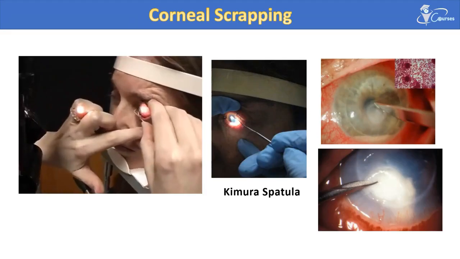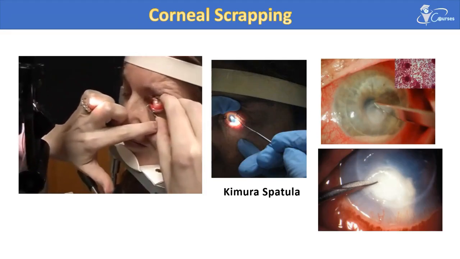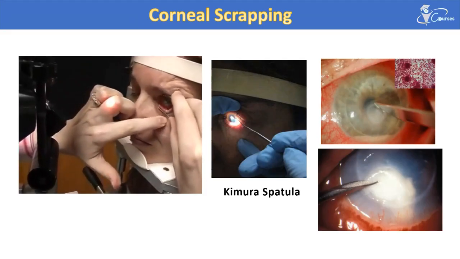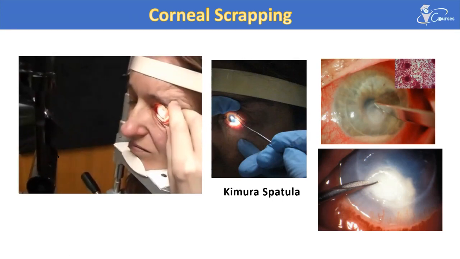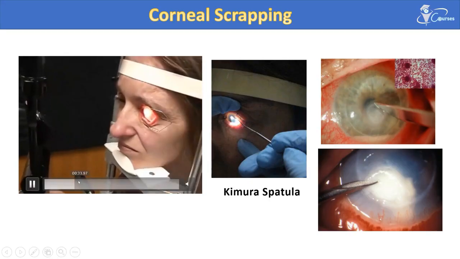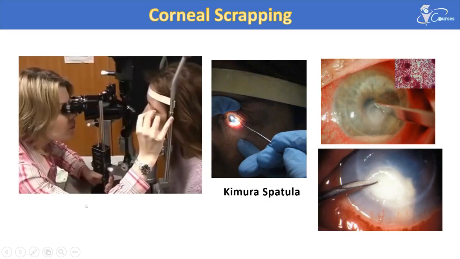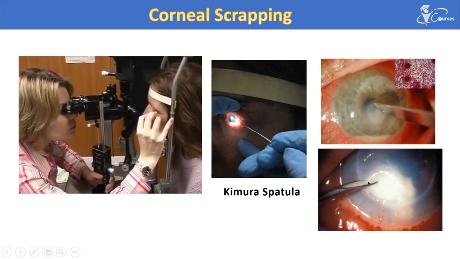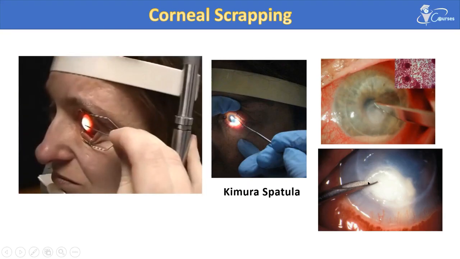After opening the eye with a speculum, we can now check the ulcer and use a sharp instrument. This sharp instrument will be either a blade 15 or a hypodermic needle to take a specimen from the ulcer.